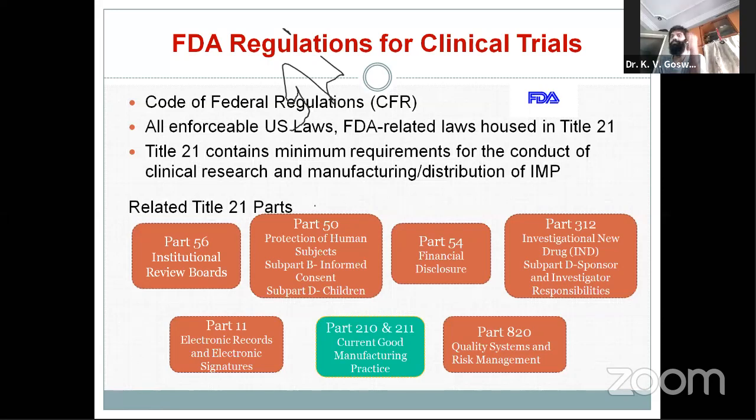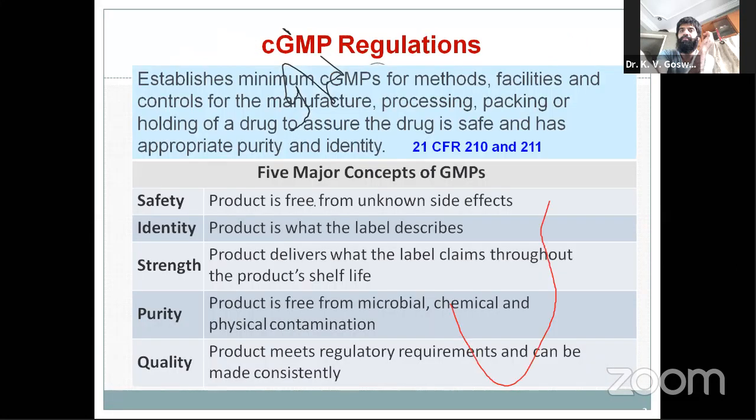And part 11, you all are aware, is the electronic records and electronic signatures, which has become more prevalent. And part 820 is the quality systems and risk management. And 210 and 211 are more for the CGMPs, which we need to follow in order to manufacture the product under the GMPs and do the testing and also distribution. So I'll go over the GMP regulations.